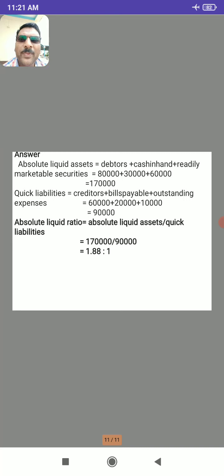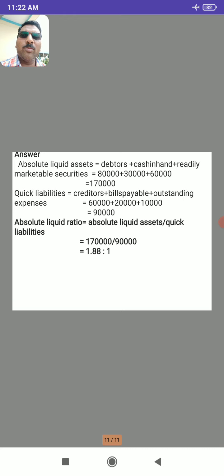In this session we have seen what current liabilities are and how the quick ratio and absolute liquid ratio are calculated. We have seen what quick assets and quick liabilities are and what they include, and also what absolute liquid assets are.